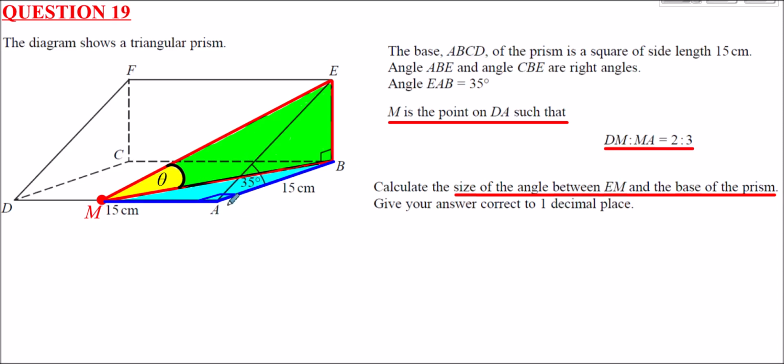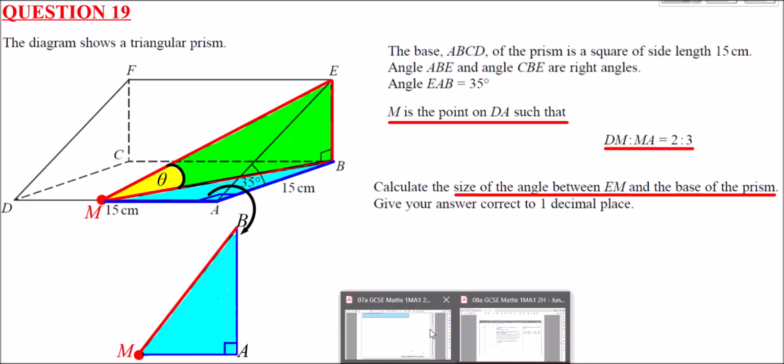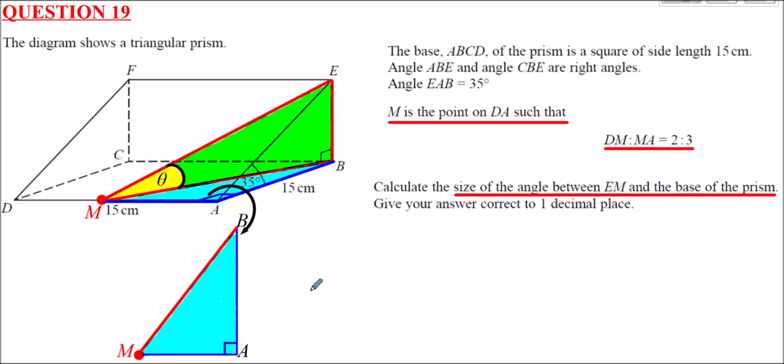So maybe we can start off by looking at this blue triangle in a bit more depth. So I'm just going to draw it here so we can see it a bit more clearly. So now we can start adding bits of information to this question and start to unravel the problem step by step. So let's now return to this point M.